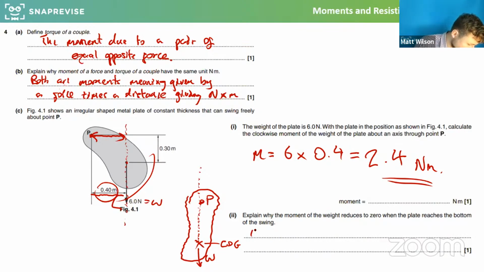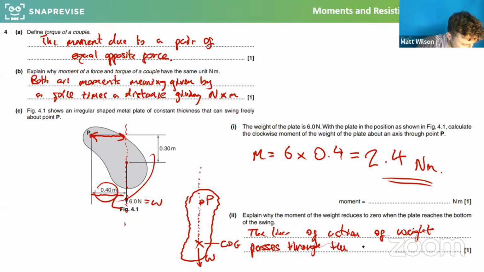So the line of action of weight passes through the point P. And consequently, the moment given by force times a distance of 0 will itself be 0.